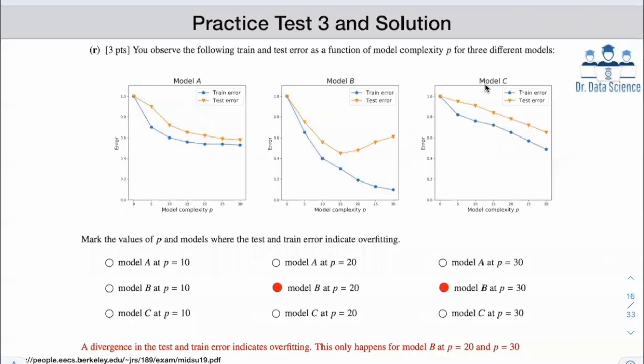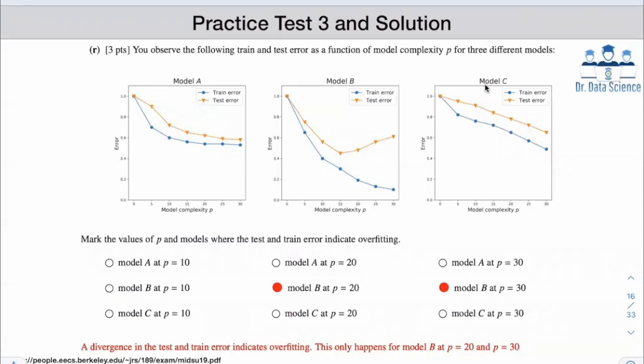This practice test looks at overfitting and underfitting in a little bit different way. On the x-axis here, we have something known as model complexity. For example, let's say model complexity is the degree of polynomial that you use for regression.